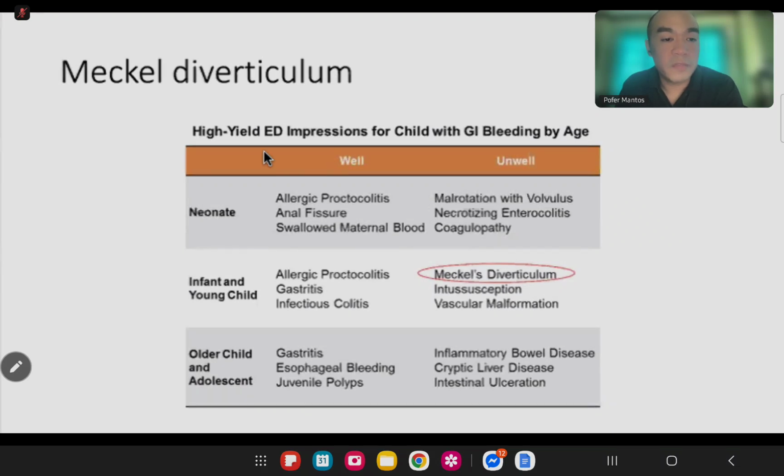But for those well babies, usually the cause is just allergy or even infection. But of course, as I mentioned yesterday, for those with GI bleeding, always rule out infection first before you consider other etiology.